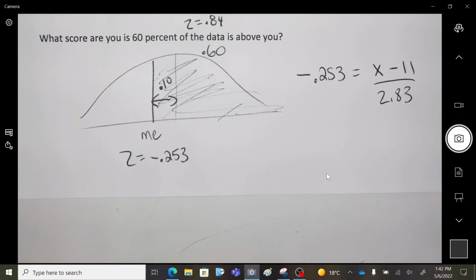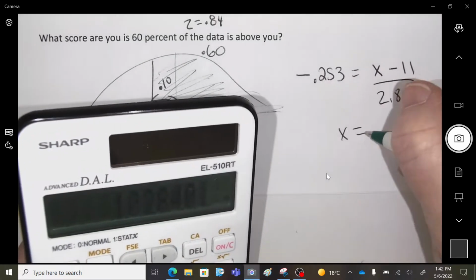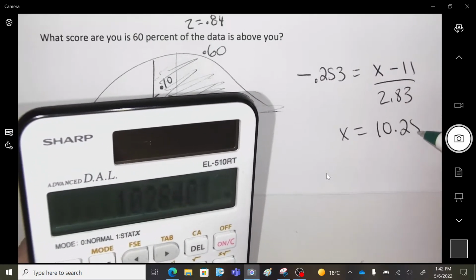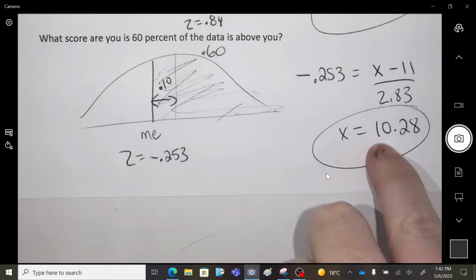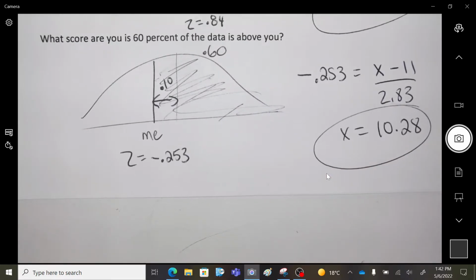That will change your math if you forget. And by the way, if you looked at your answer at the end, you should say, ooh, I should be under 11. If 60% are above me, I should be somewhere under 11. So if you forgot to do the negative, your number would be too high.